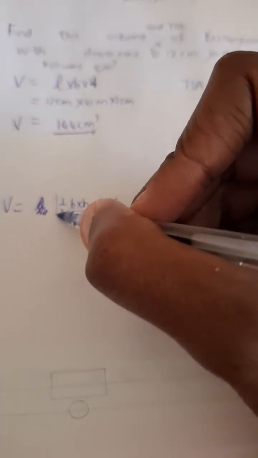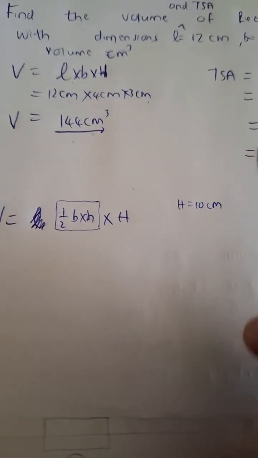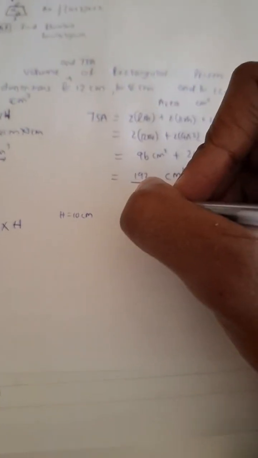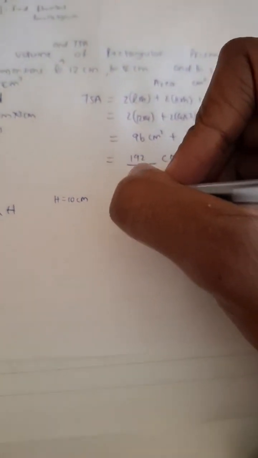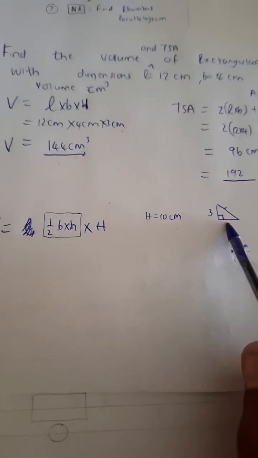But if we look at the area of the single triangle, carefully, it's a right angle triangle, and we are given 3, we are given 4, and we are not given the hypotenuse of that triangle, right?